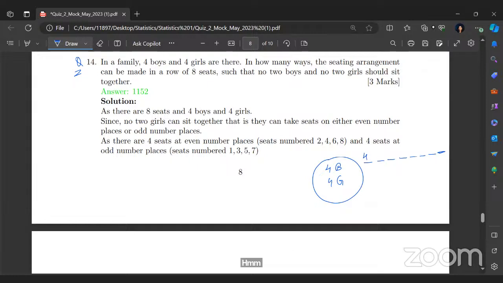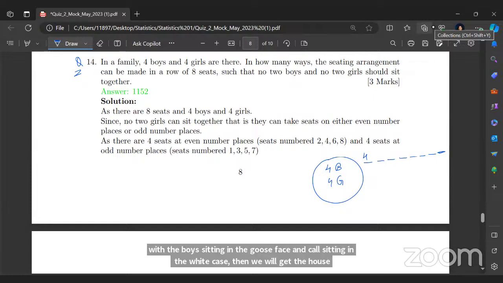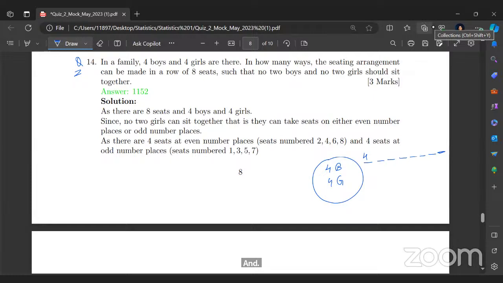And then we have to double this value, if we repeat the process with the boy sitting in the girl's place and the girl sitting in the boy's place, then we will get the answer. Yeah, right. 4 factorial into 5 factorial. No, right? Ma'am, what I said was correct because I got the answer that way.